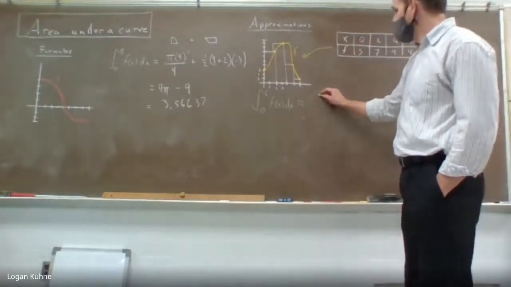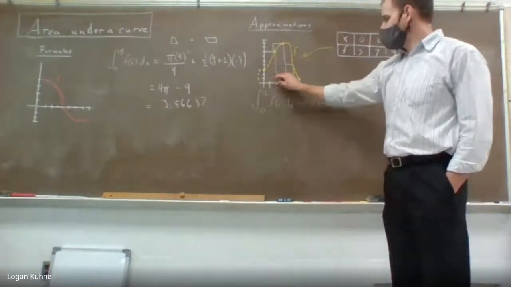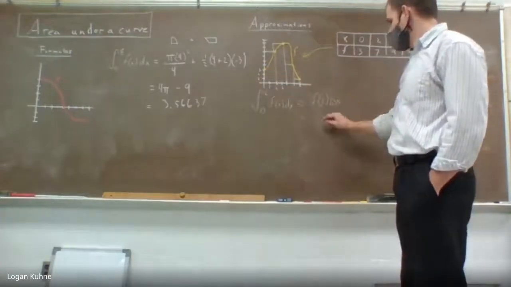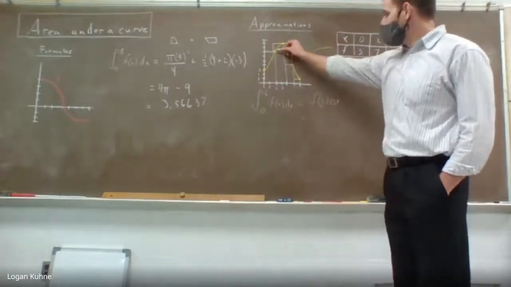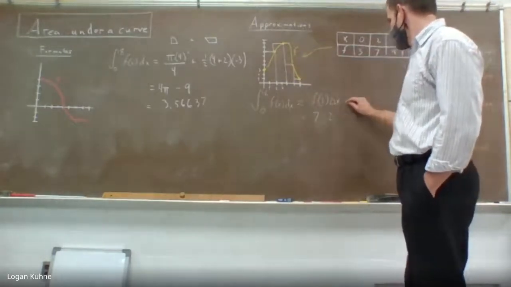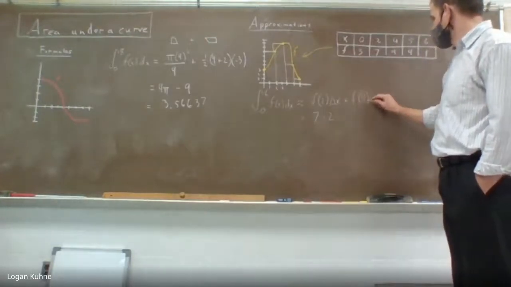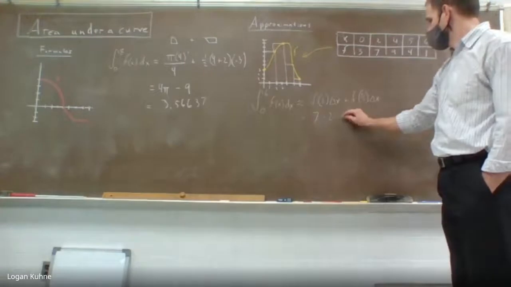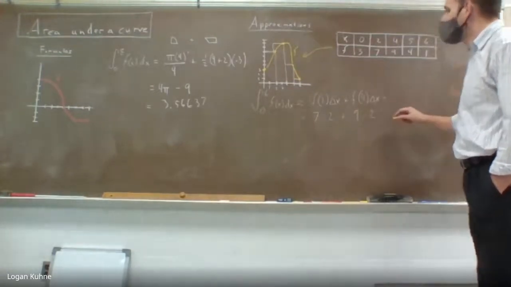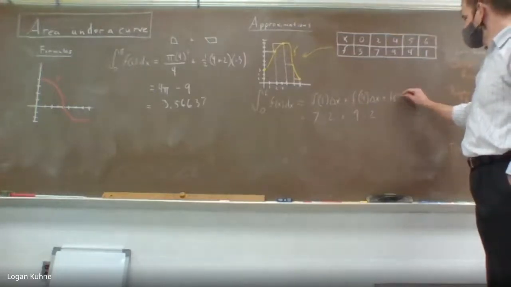Okay, so this time I'm using f of 2. Now the change in the width of the box is still delta x. But this one starts at 7, right? 7 times 2, f of 4, 9 times 2, f of 5.